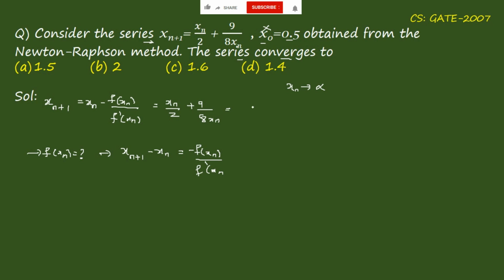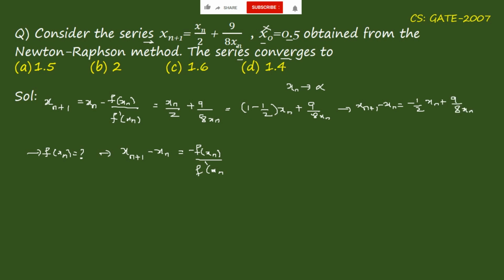So we can write this one as nothing but 1 minus 1 by 2 x of n plus 9 by 8 x of n, right? From this one, we can consider x of n plus 1 minus x of n is equal to minus 1 by 2 x of n plus 9 by 8 x of n.